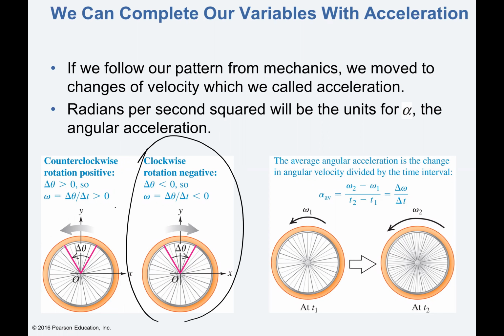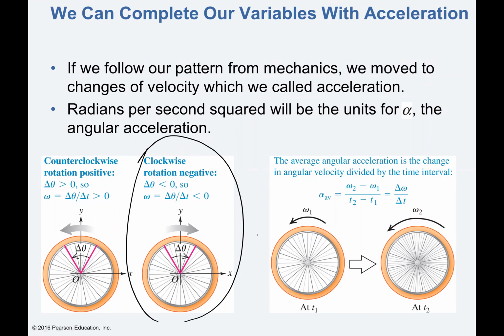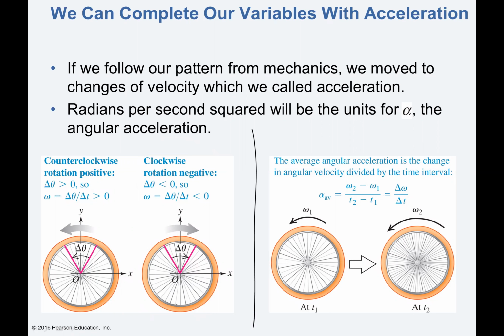The wheel is rotating clockwise. Clockwise rotation means your displacement is negative. If your displacement is negative, and you take displacement over time, your omega is negative. Okay, that means counterclockwise rotation is positive, clockwise rotation is negative, which gives you positive and negative omegas respectively.